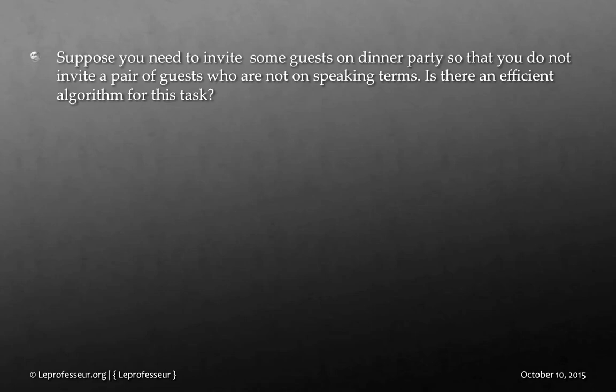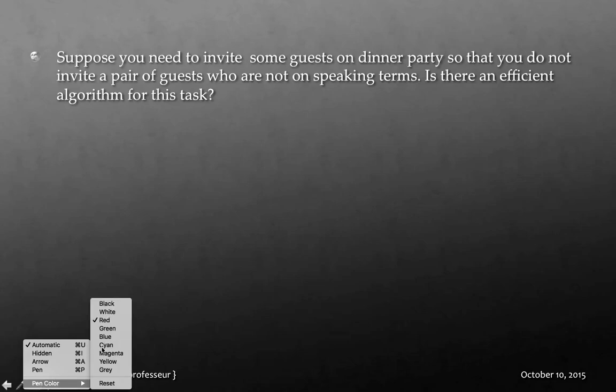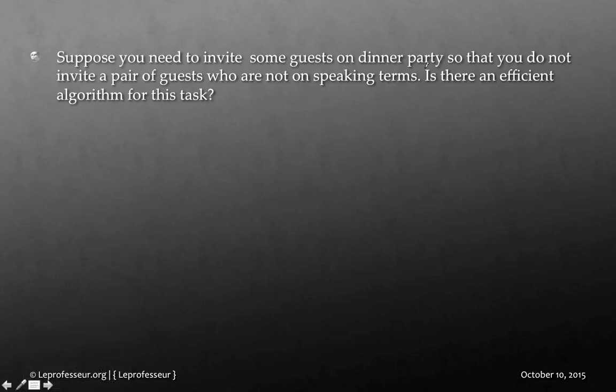If your friend circle is small, say 4 or 5 or 6 friends, you can easily do permutation and combination. But think about your friend circle being bigger, say 100 people, right? How much time is it going to take? So think about your friend circle being 100.